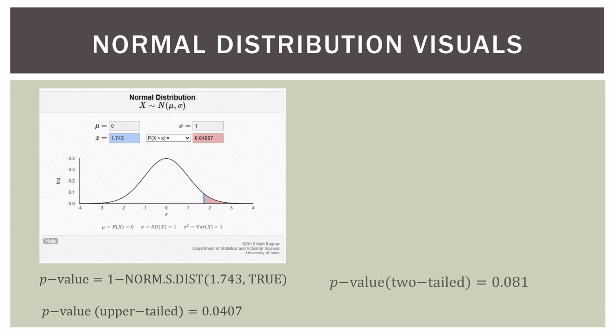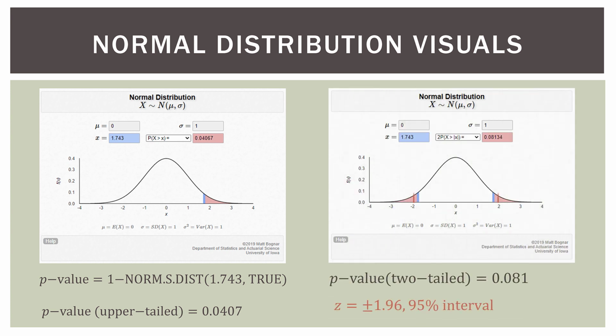And then we doubled it to get the two-tailed value. Now, because our alpha was 0.05, we were actually looking at the 95% confidence interval. That is represented by the two vertical lines close to plus and minus 2. If we were going to reject our null hypothesis, our areas would be beyond those two lines, further into the tails. That is what we're looking at visually.